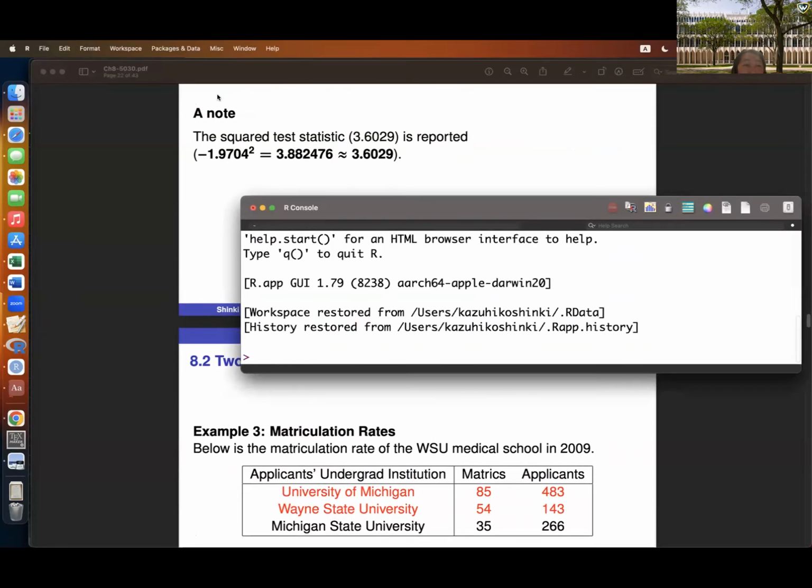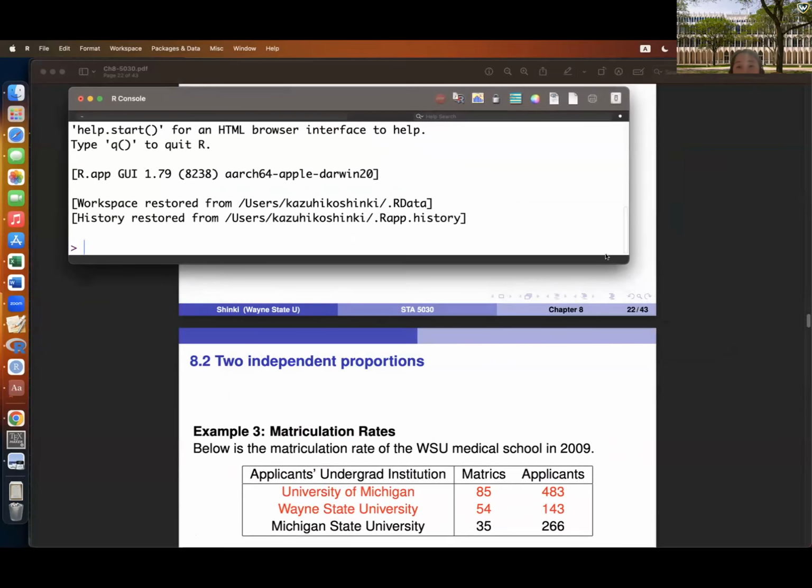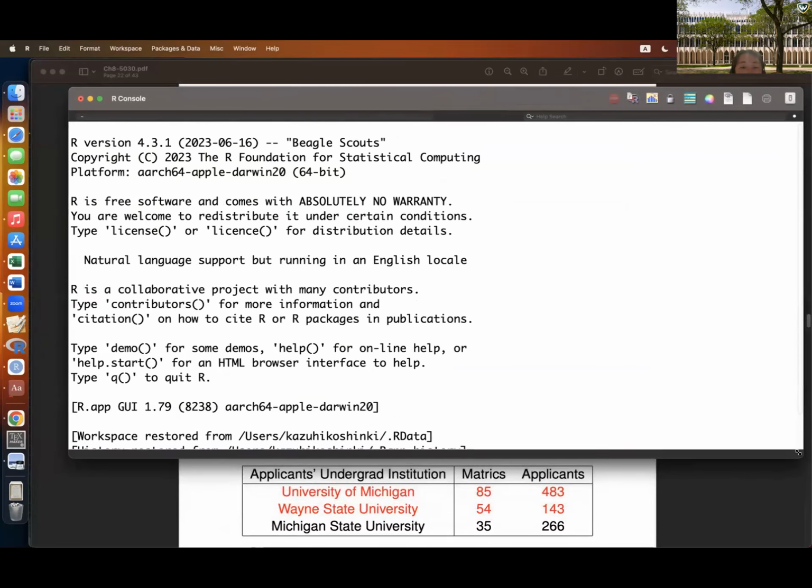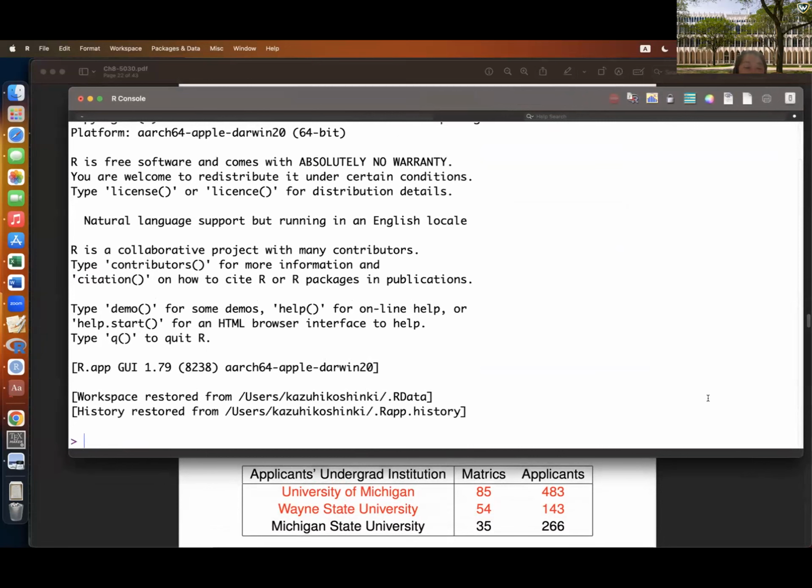Okay. So this is our session, and probably you see both. At first we have to be careful how the table should look. We have the 85 enrolled students, and that means the 398 applicants who have not enrolled at Wayne State.